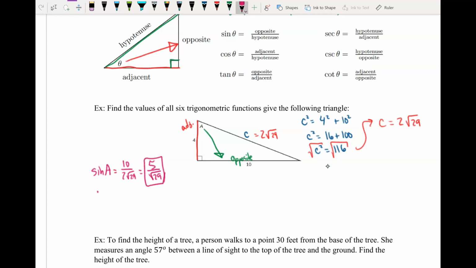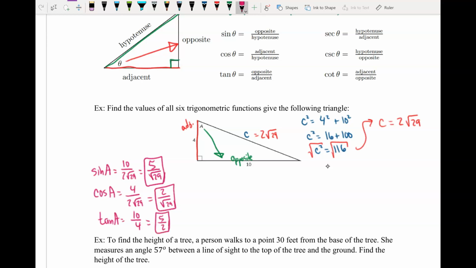Now we're going to do cosine of A. Cosine of A is the adjacent over the hypotenuse, so it's just 4 over 2 square root of 29, which is basically 2 over square root of 29. The tangent of A would be the opposite over the adjacent, which is just 10 over 4, or 5 over 2.